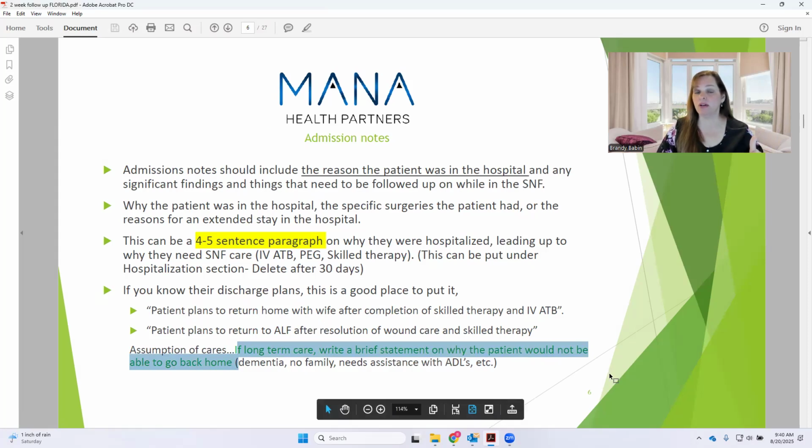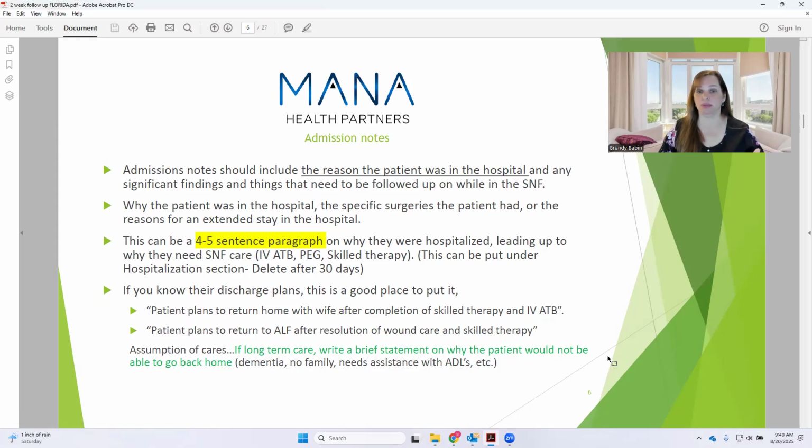Some patients don't have a home. Some patients don't have family that can help them out. Some patients require too much care. Maybe they've had a stroke, and so they won't be able to have assistance at home. So if you know that, just document that. And you only have to document it on the first one, on the admission note, and then not again.